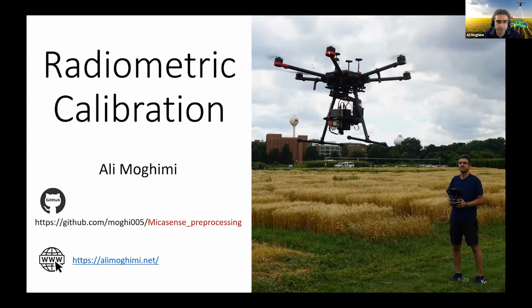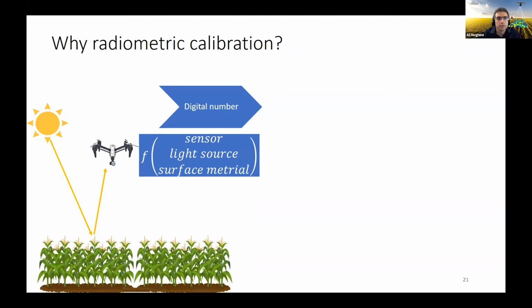Okay, let's start with why. The images that we collect using our multispectral or hyperspectral sensor are in the raw format, digital number, or sometimes the abbreviation is DN.